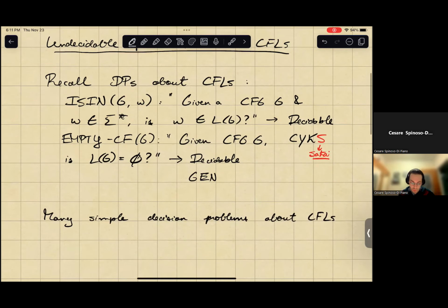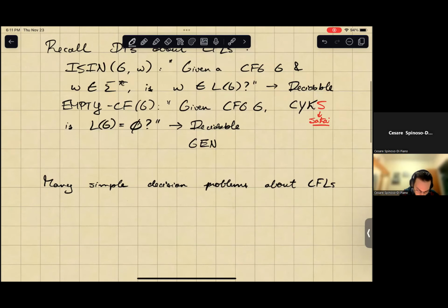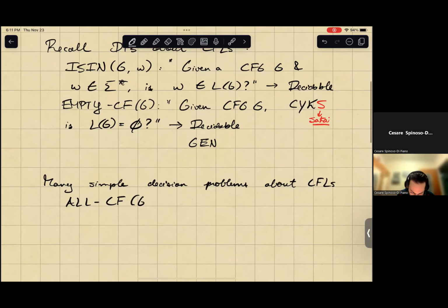To name just a few, which we'll study in this lecture, there's the all CF problem. So in the all CF problem, we're asking a question about a context-free language, but this is given through some context-free grammar G. And what the all CF problem asks is, given a context-free grammar G, is L of G equal to sigma star?